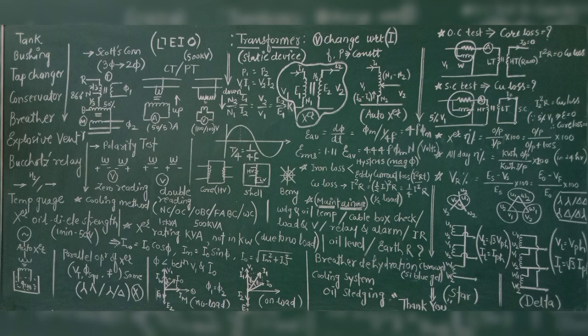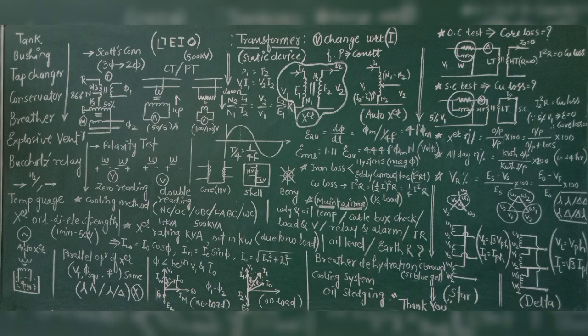From transformer 1 we get output phi 1, and from transformer 2 we get phi 2, that is 2 phase from 3 phase. These are the circuit diagrams for the Scott connection.